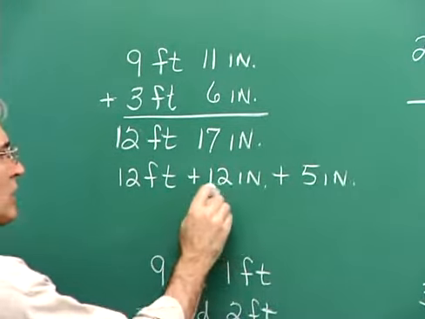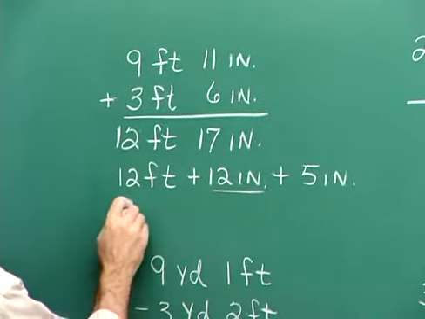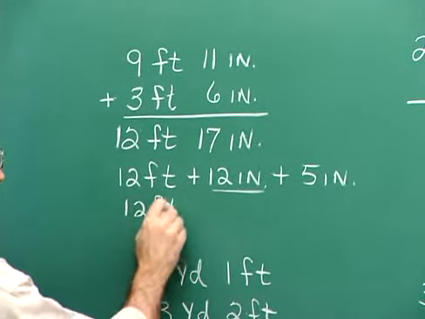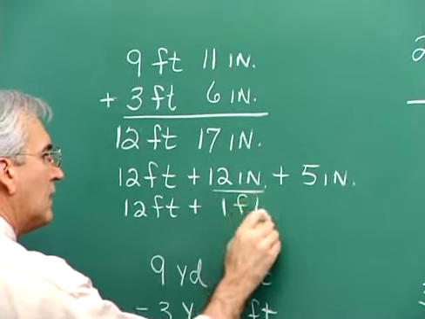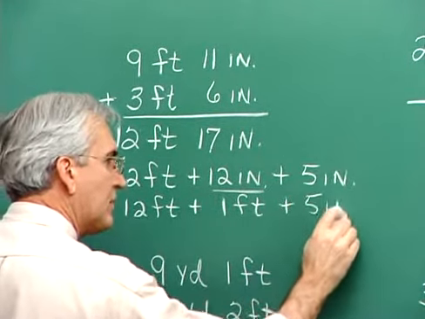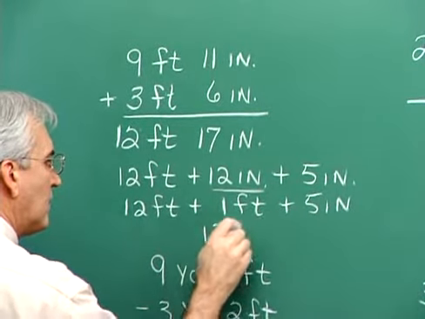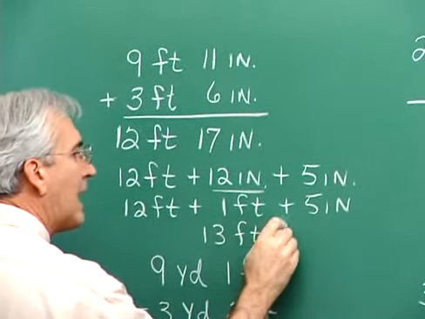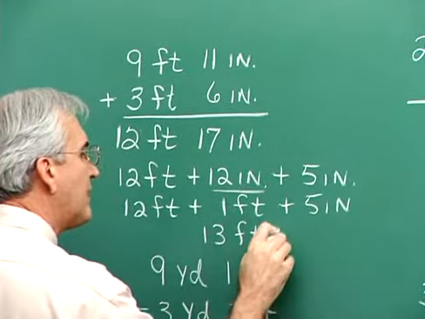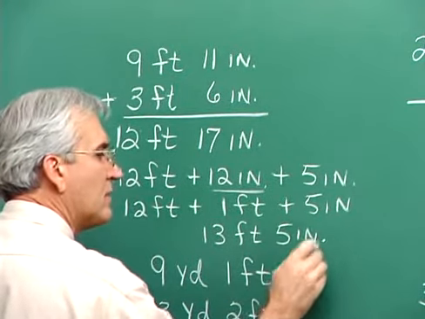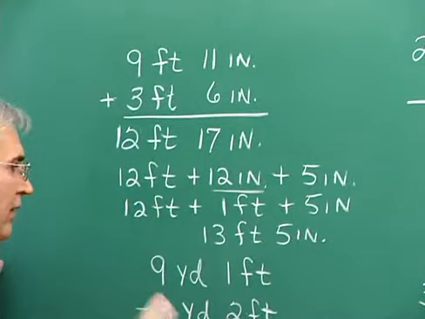You see, and the 12 inches, though, is really 1 foot. So this is 12 feet plus 1 foot plus 5 inches. And now the 12 feet plus 1 foot, oh, that's 13 feet, plus the 5 inches, well, that's 13 feet 5 inches. You see, so we get to the same place just with a different kind of thought process.